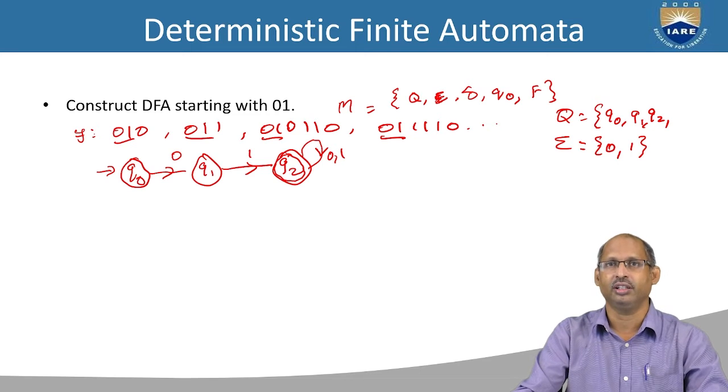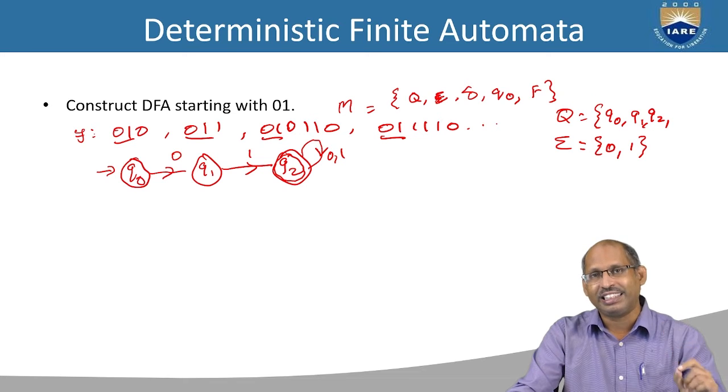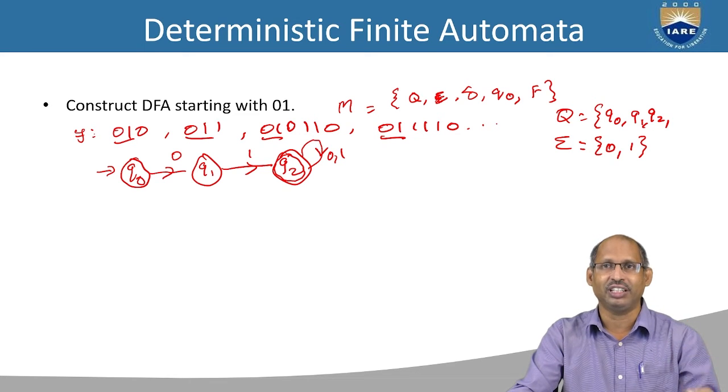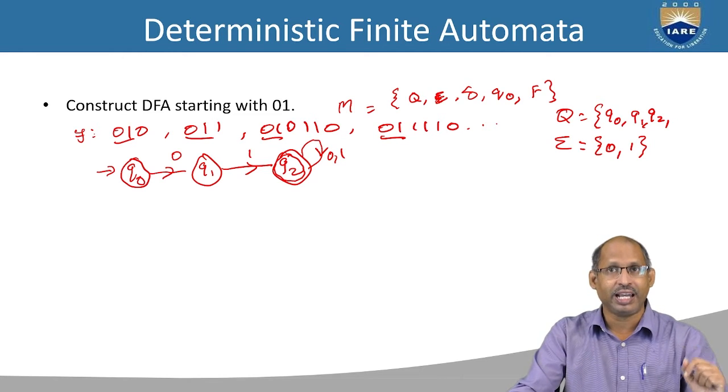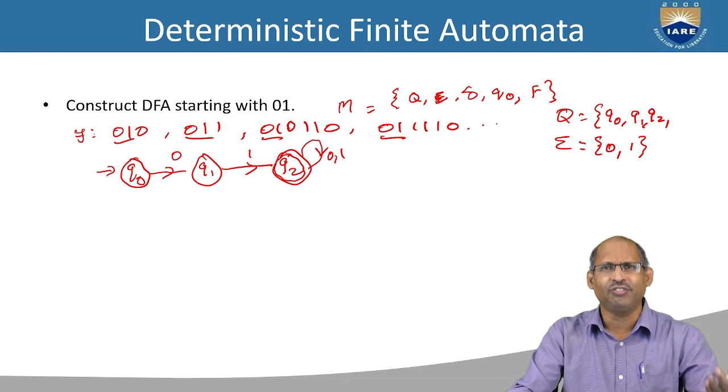But Q0 on 1, where does it have to go? A string is to be accepted only if it starts with 0, 1. If it starts with 1, it is not accepted.